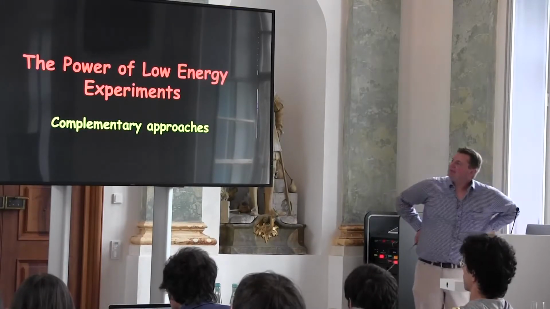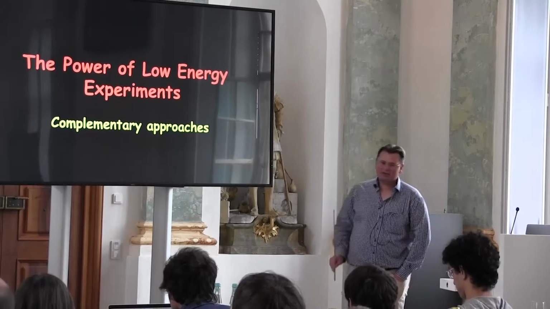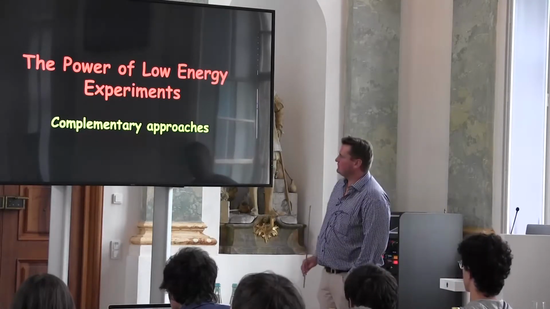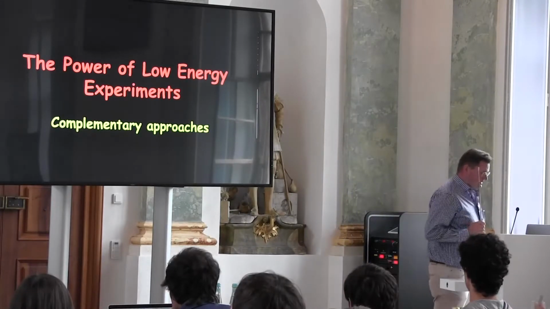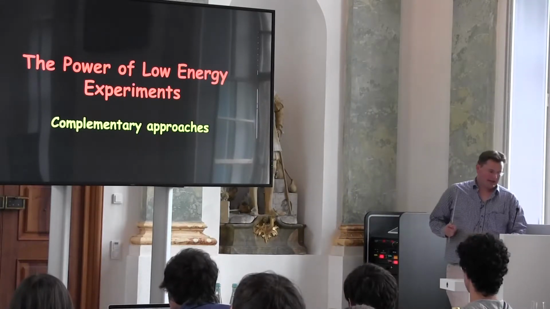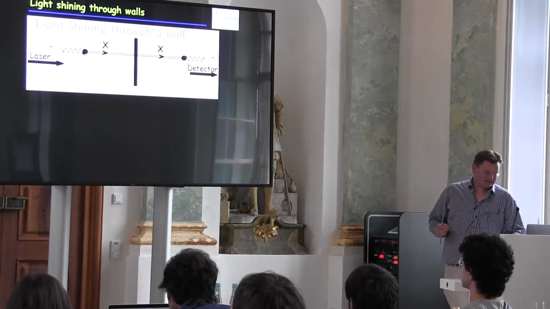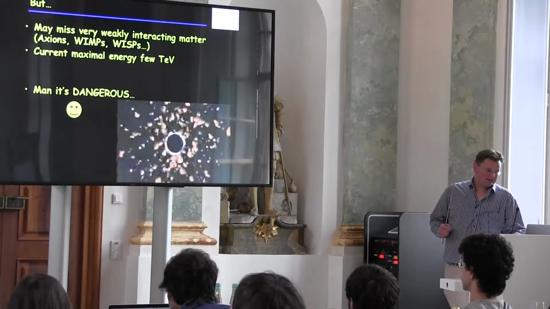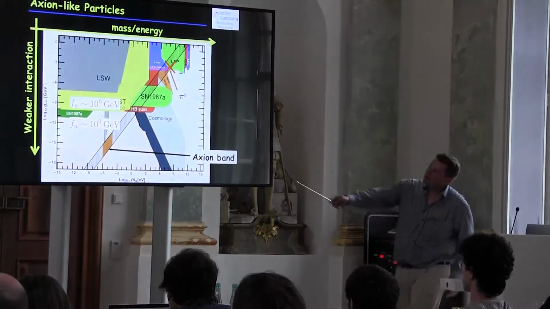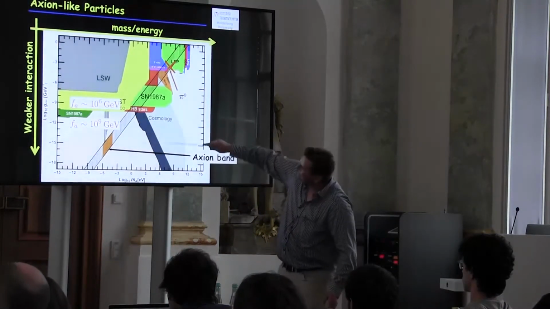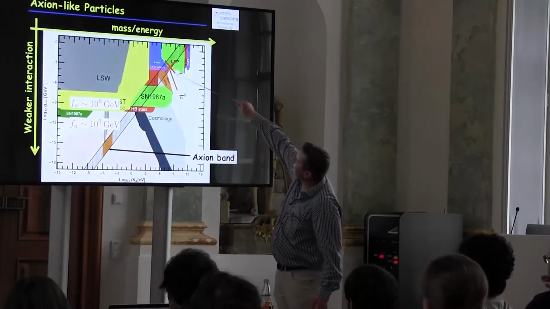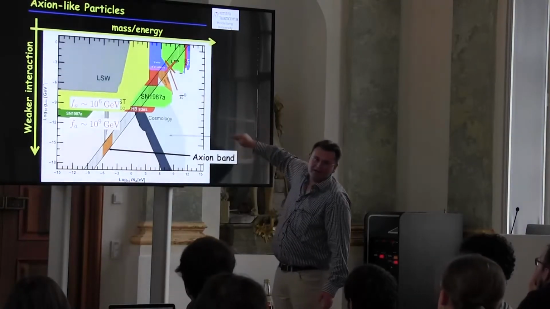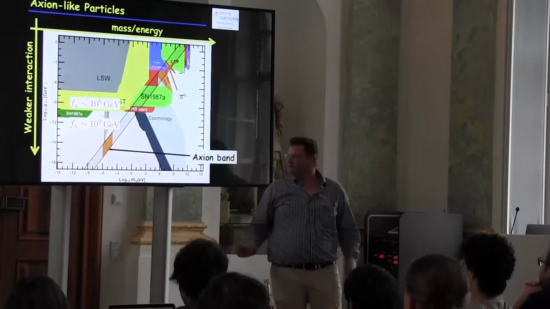Anyway, okay, so how can we go about and start looking for these axions? And the hope would be to start looking at low energy experiments. And that is possible, or at least we might get a chance, because a lot of this parameter space, if you look at it here, even if you look basically in the range of the pion, it's actually relatively low mass particles.